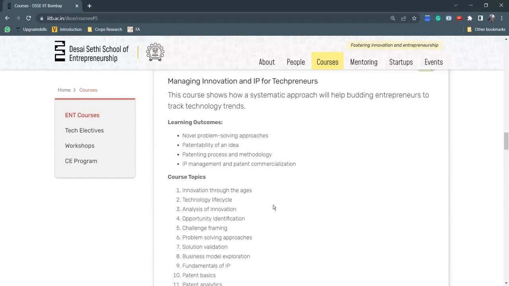What IP it should have, because there are lots of IPs: service mark, trademark, logo, each and everything. So what patents you should apply for and what not. All these things are very important in your startup journey, and that's why you should opt for this course. If you don't have an idea, you can go just for knowledge, but you can't get the sense out of it.